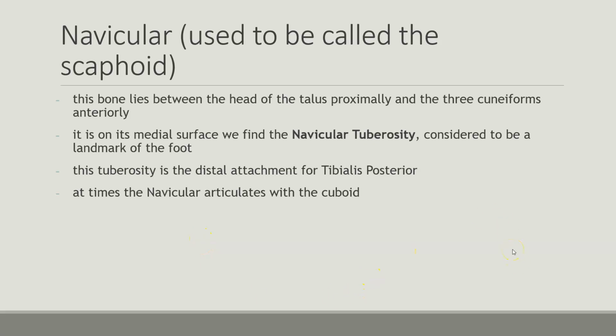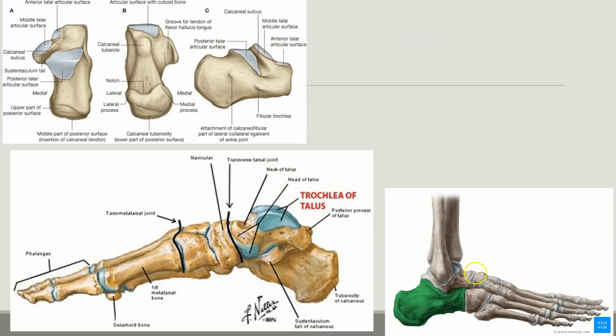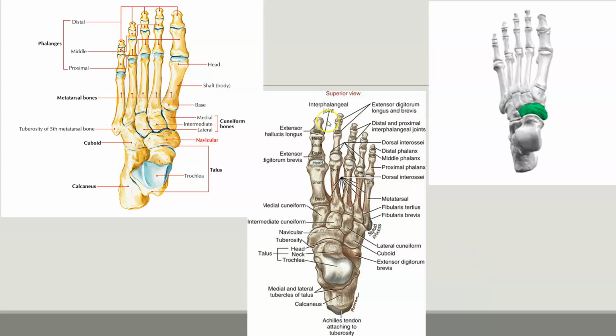It lies between the head of the talus proximally and the three cuneiforms anteriorly. Here is your talus, and here's the head with the articulation with the navicular. The navicular articulates with the head of the talus proximally, and it articulates with three bones called the cuneiform bones that we can see across here.